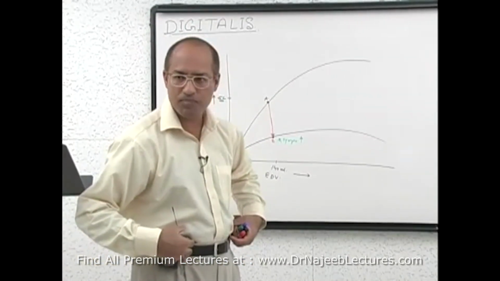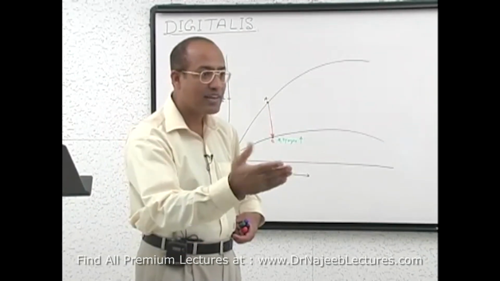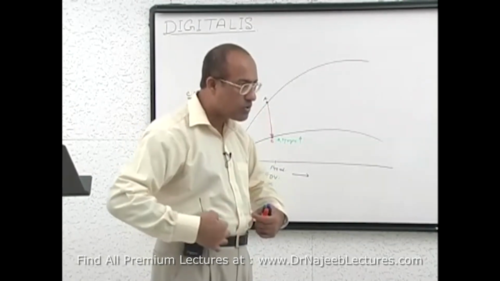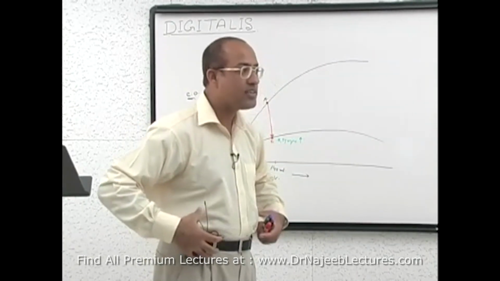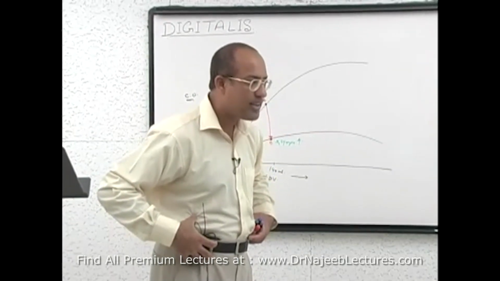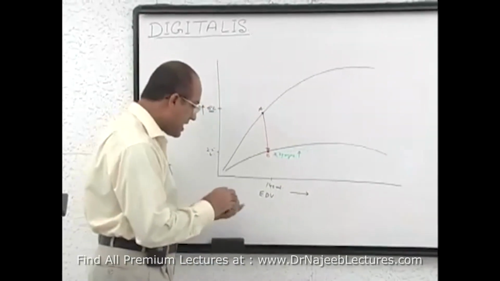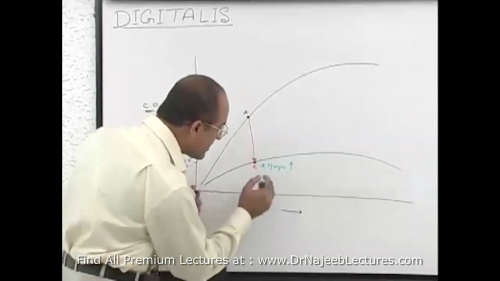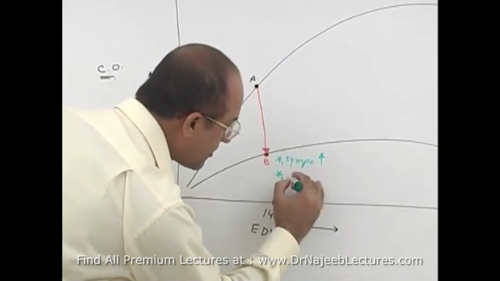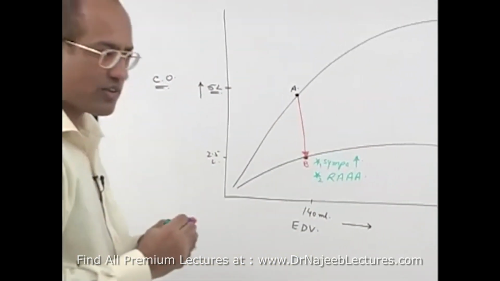When cardiac output drops, renal blood flow will be low. When cardiac output is less, blood flow going to the kidney is less. When the kidneys are underperfused, there is activation of the renin, angiotensin, aldosterone system. So star number 2 is that by acute drop in cardiac output, there is activation of the renin, angiotensin, aldosterone axis. Is that right?